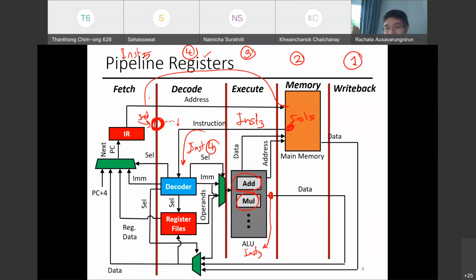I'm adding this, so the result of an add is specifically for instruction 3. With me so far? At the same time, the input that you see right here also belongs to instruction 3, right? Because the input for the add has to belong to instruction 3, because we are in the execute stage, processing whatever is for instruction 3. But at this point, the things going into the input in the next cycle, which instruction do they belong to?